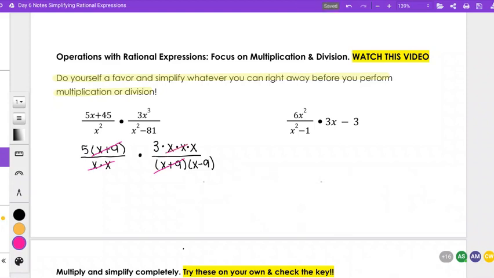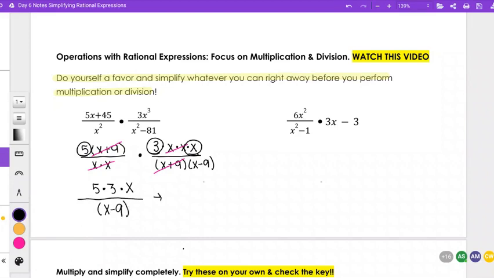And then 5 and 3 are both like terms. X over x minus 9, one has subtraction, one is just a singular x. So that really is all that we have right here. So then we can say that our numerator is 5 times 3 times x, everything that we have left over, and our denominator is the quantity x minus 9.